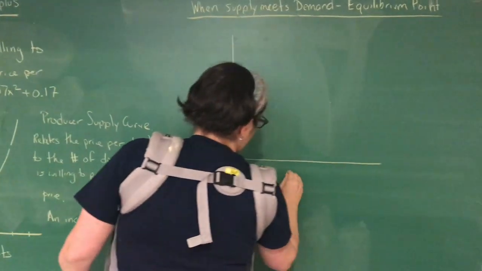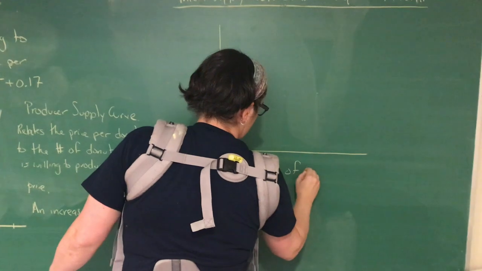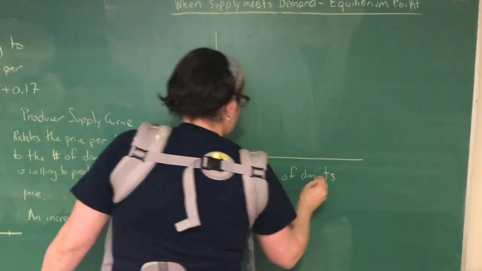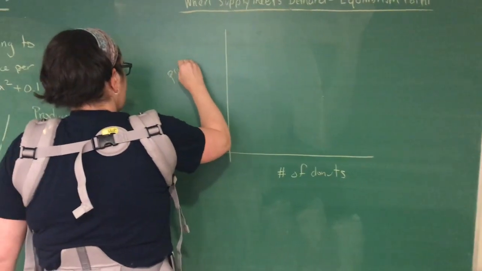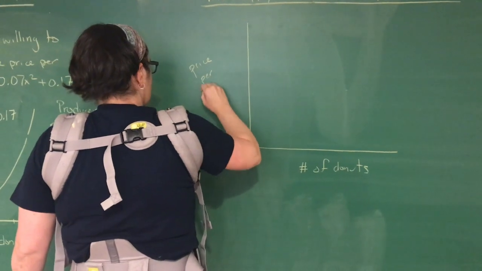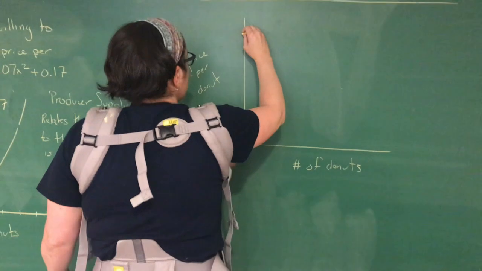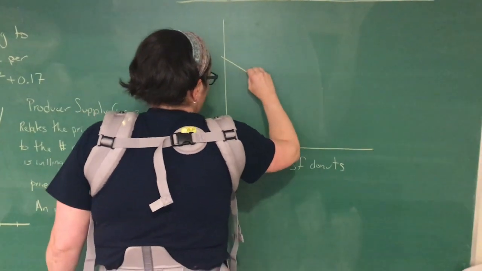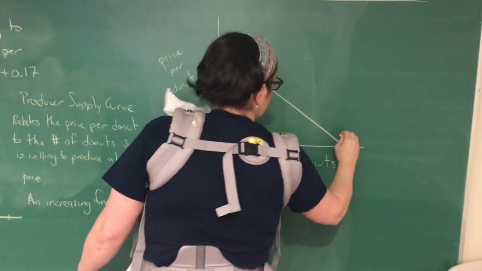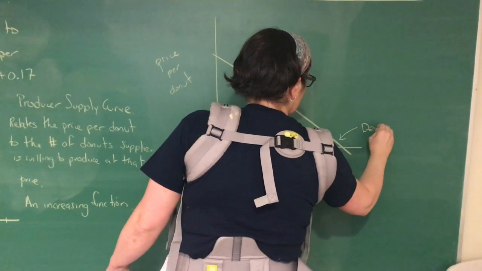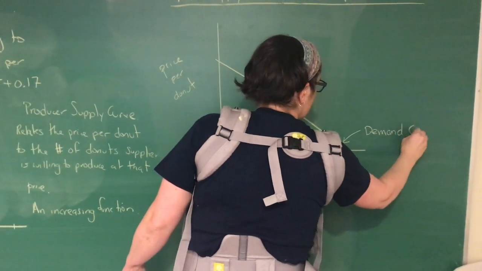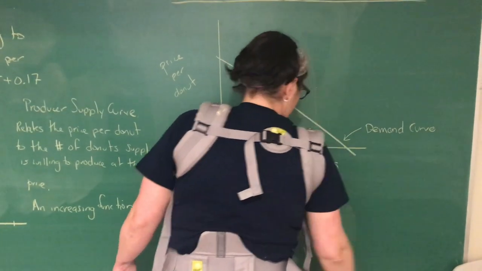Okay, so on the x-axis we have number of donuts. On the y-axis we have the price per donut. We have our consumer demand function, so shorten that to demand curve.